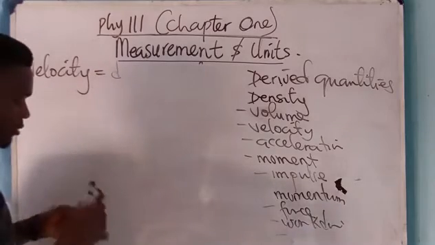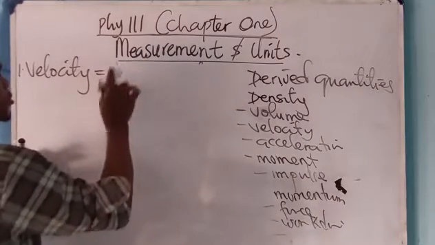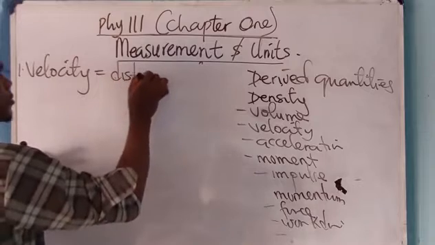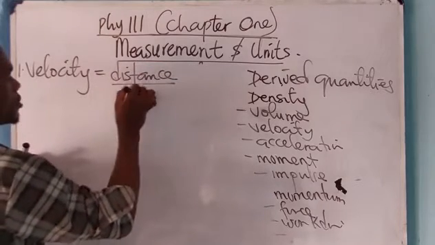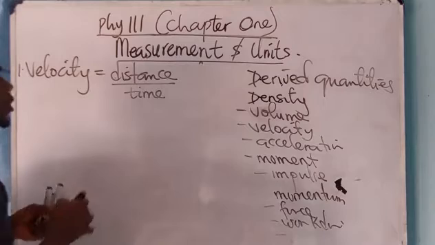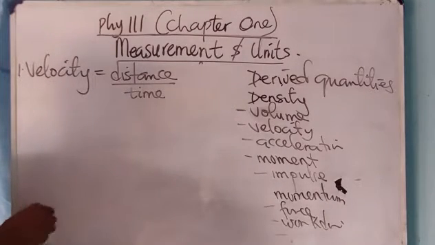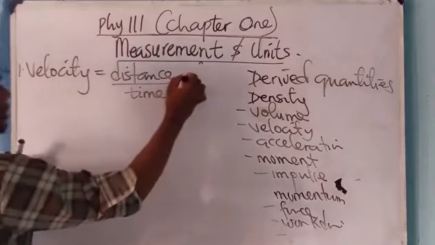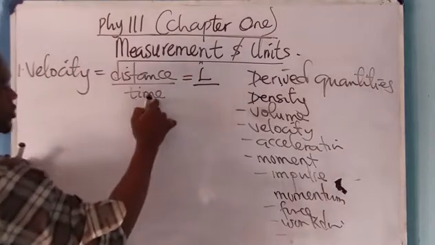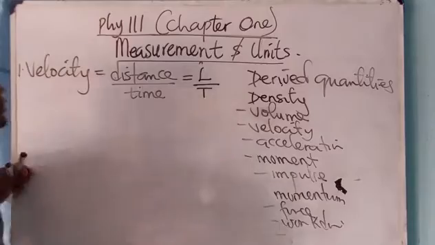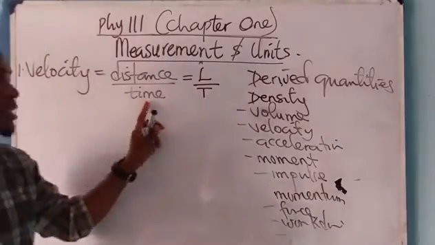So you have distance over time. Now, distance, of course, is measured in length, and time is measured in time. Since it's dimension, we are picking the first letter.